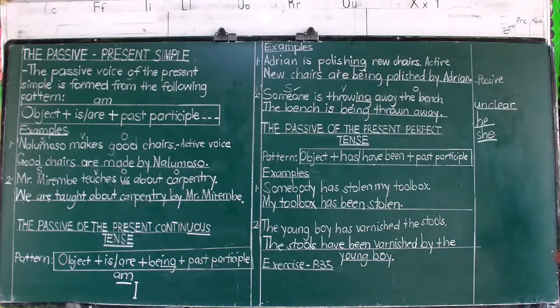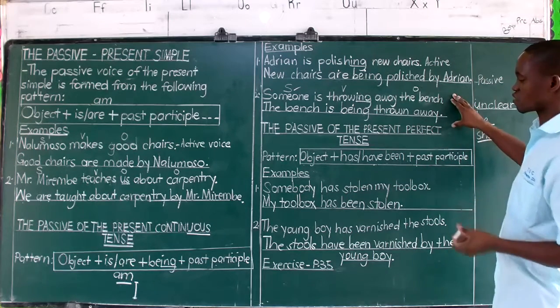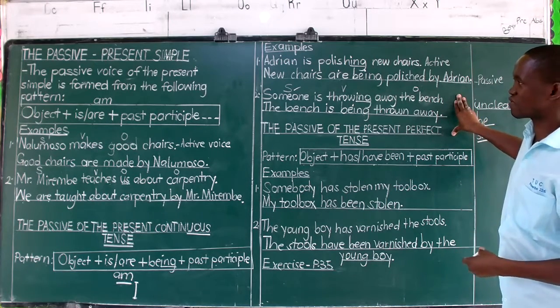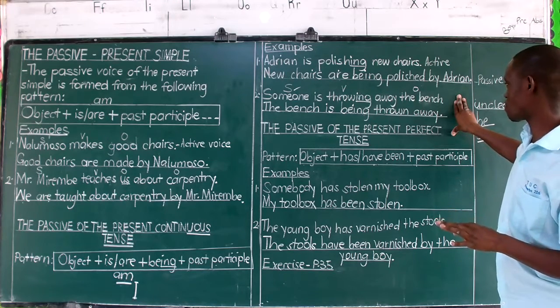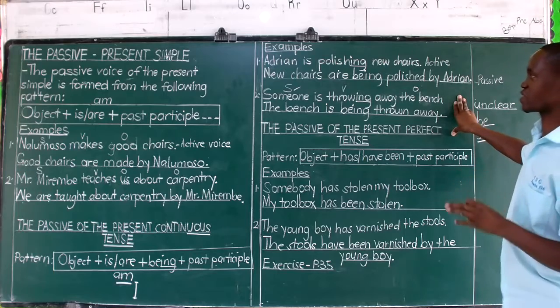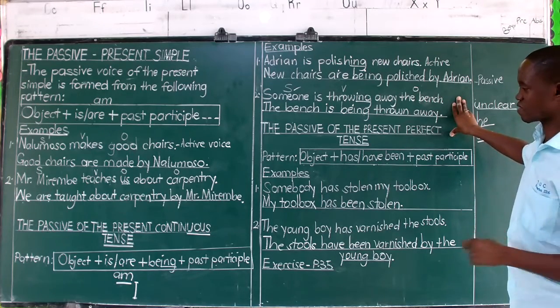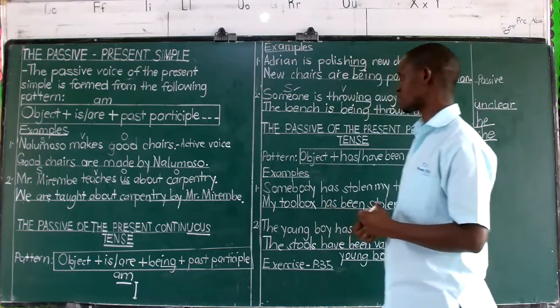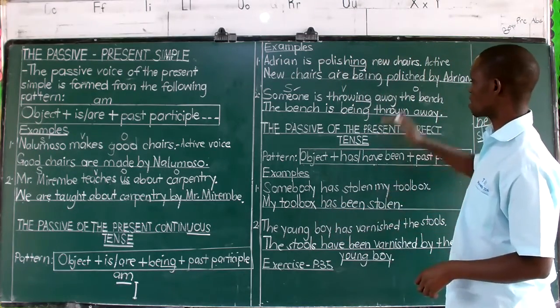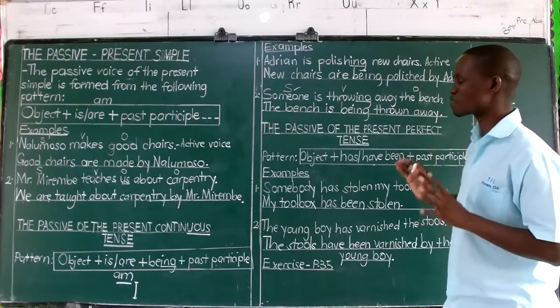So we've reached here, and that should be the end of our lesson. It was all about the passive voice of the present tenses. So we have three tenses we have looked at. That is the present simple, the present perfect, and the present continuous. But each tense has got its pattern, so master the pattern and make sure the sentence you construct fits into that pattern.